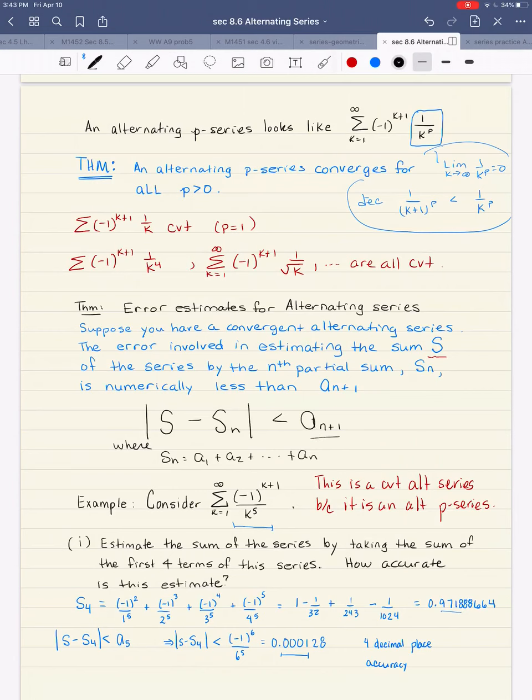So whatever term would have been out here makes up the upper bound on the error. This is not true for series in general, but it's true for alternating series.